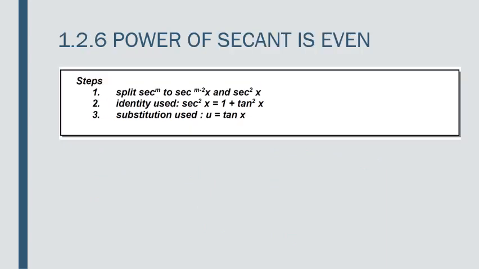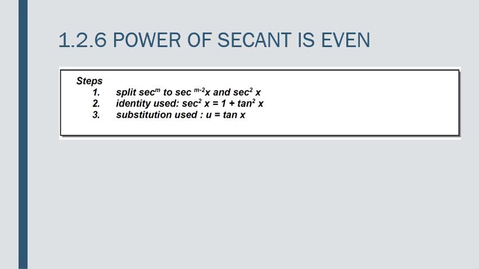Okay, and then we continue to 1.2.6, power of secant is even. When the power of secant is even, we use the same method, SIS. The first step is to split secant power of m into secant power of m minus 2 and secant square x, so we subtract 2.